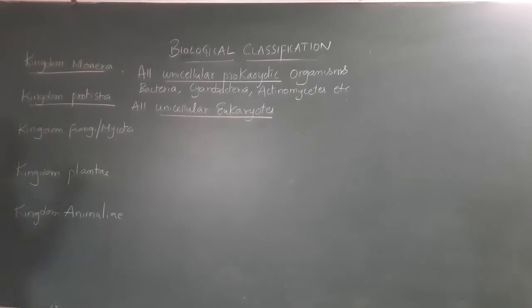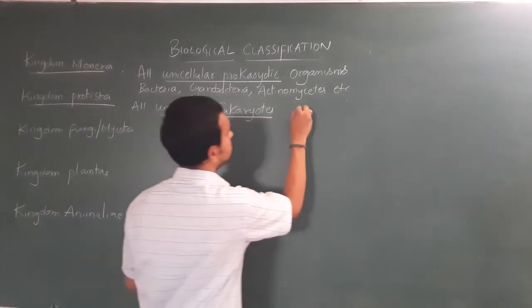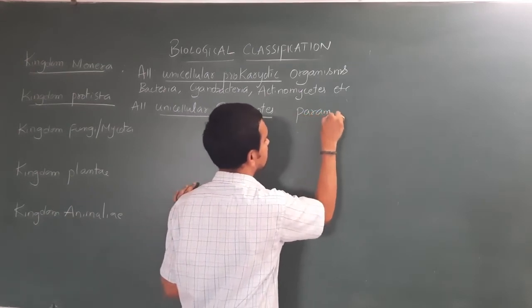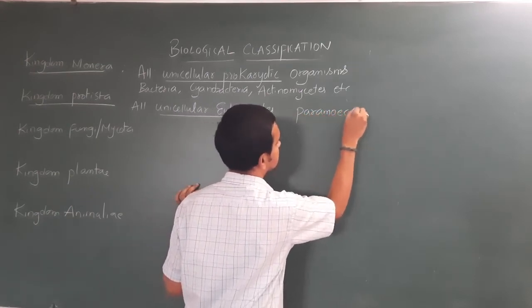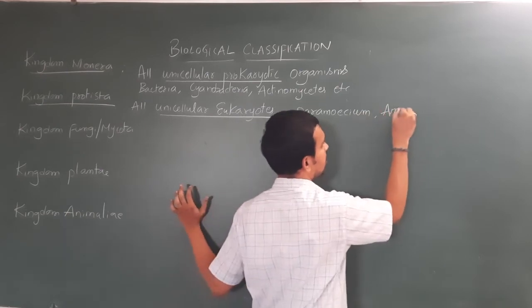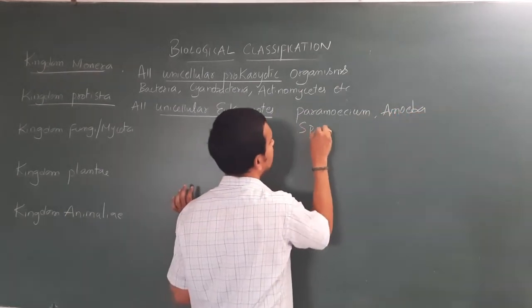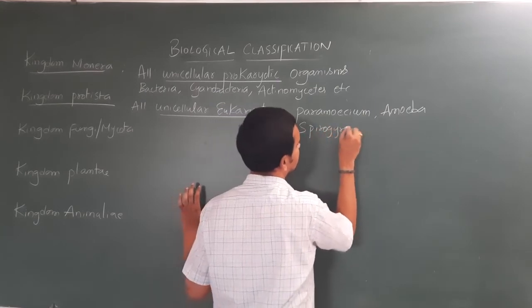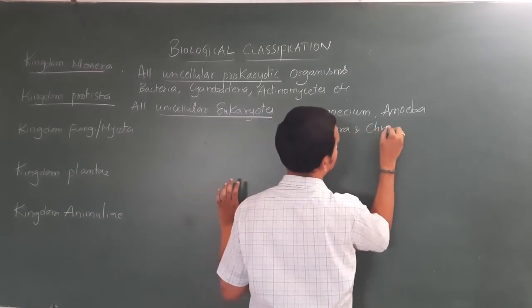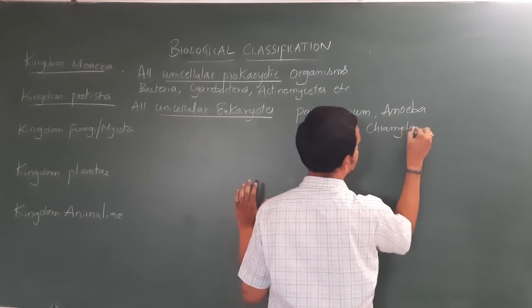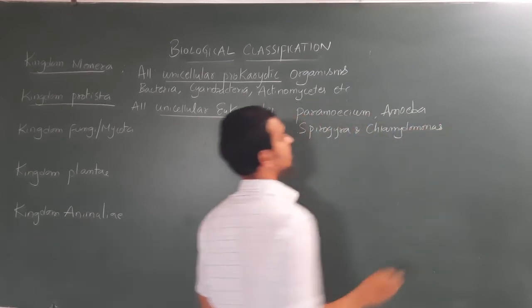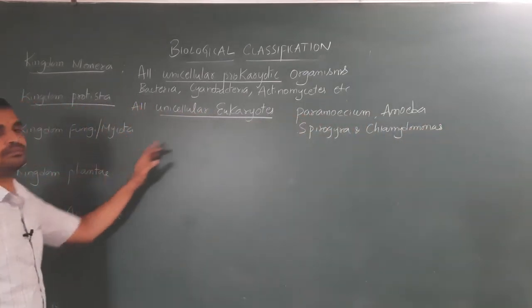And you know that according to the Linnaeus system, he kept Paramecium and Amoeba under Kingdom Animalia, Spirogyra and Chlamydomonas he kept under Kingdom Plantae.